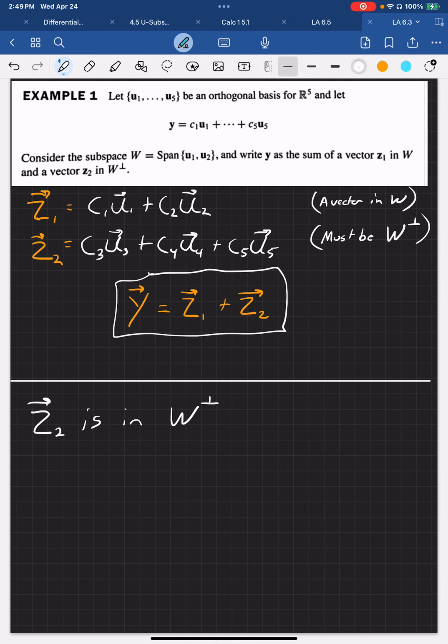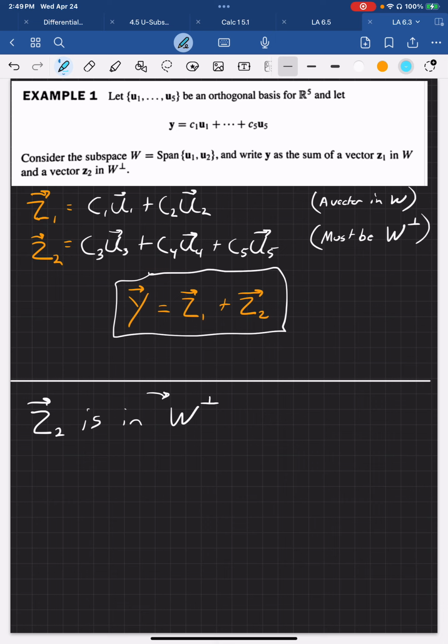Like, how would you show that Z2 is in this set? Well, this problem doesn't require it, nor do we have the information to perform it.